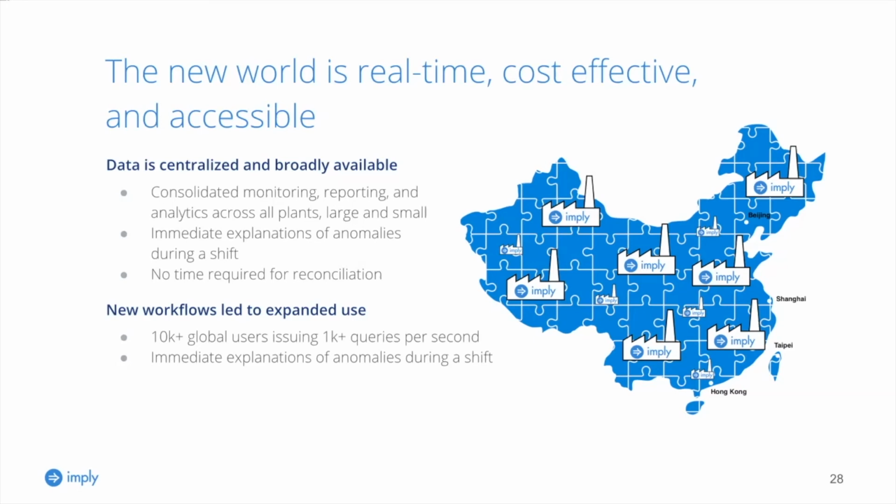These workflows have led to expanded use. Now they've got 10,000 global users issuing over 1,000 queries per second, and they can immediately tell if a manufacturing plant is having problems, or if there are defects happening in one plant, because all these plants are interconnected in terms of the supply chain.